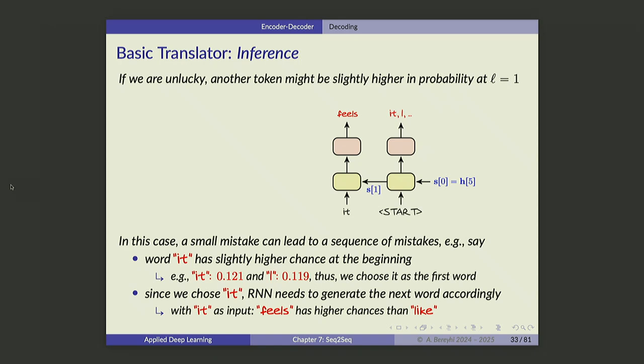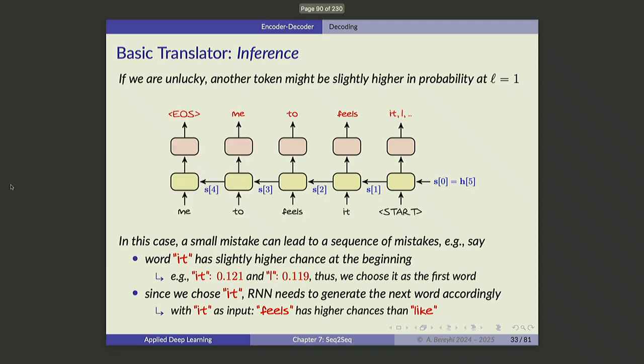No, it doesn't make sense for the second word to be "it" again. It doesn't relate to the sentence. It's grammatically wrong. So what should I say? I want to be related to the original sentence, and I started with "it", so the next one should be "fills". And this error is going to propagate all over the sentence, so it's going to wrongly translate it.